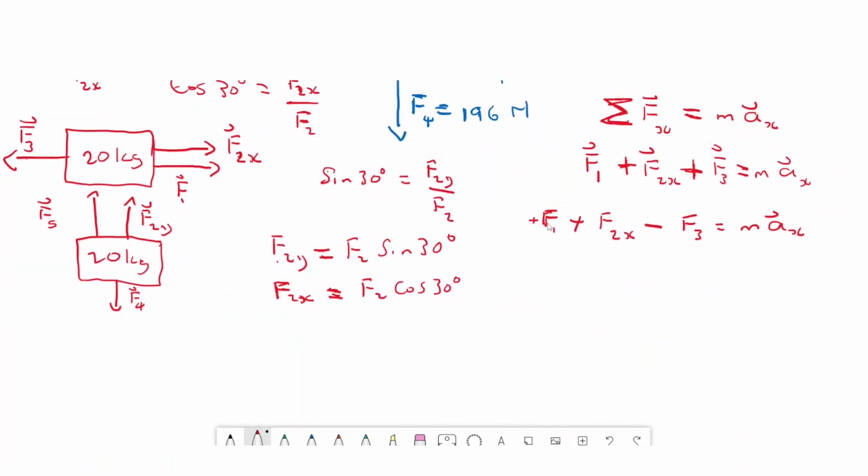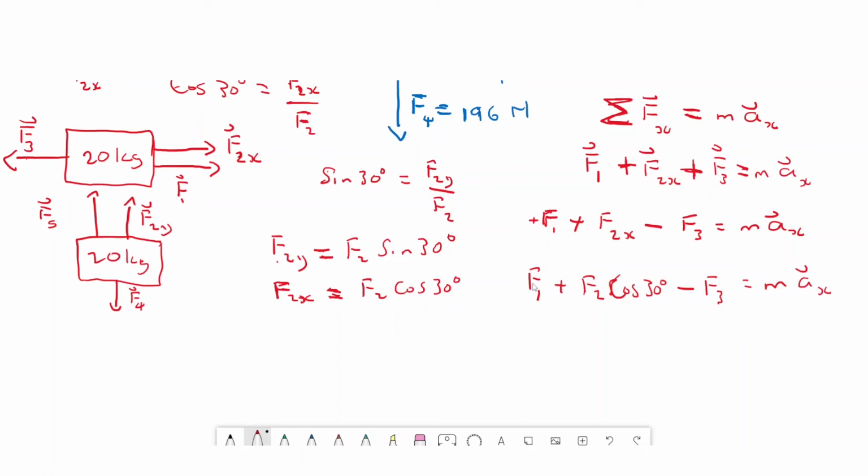F1 is F1, F2x is given by F2 cos of 30 degrees, and then F3 is given by F3. I'm just not putting the values yet, I'm just putting all the signs. This is going to be MA. X is still a vector, so you're looking for a vector here.